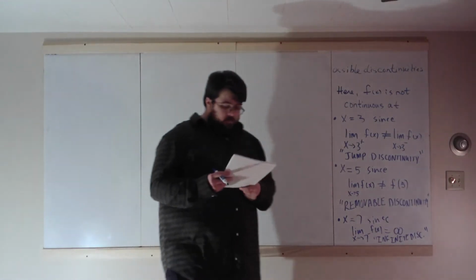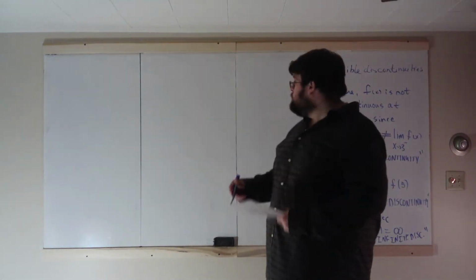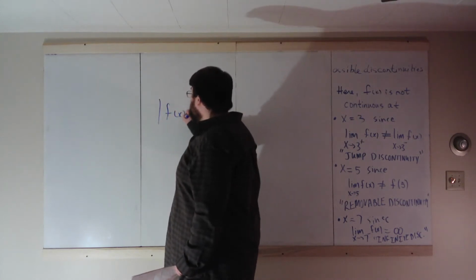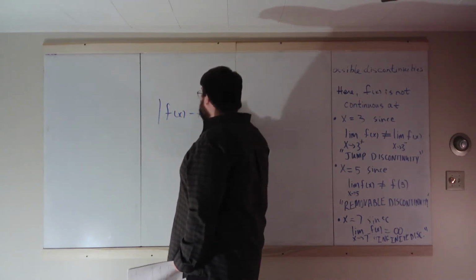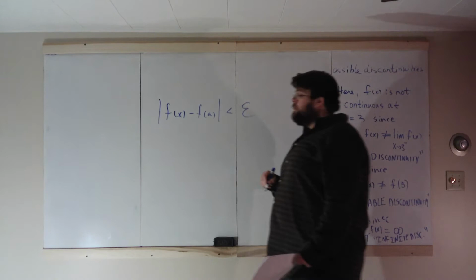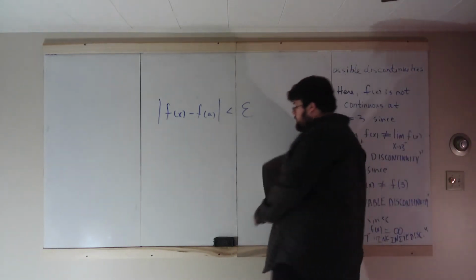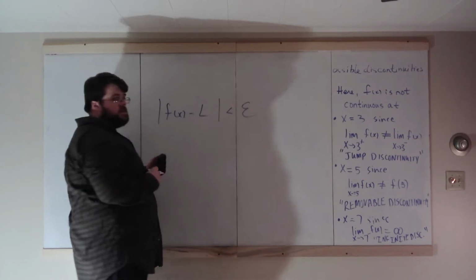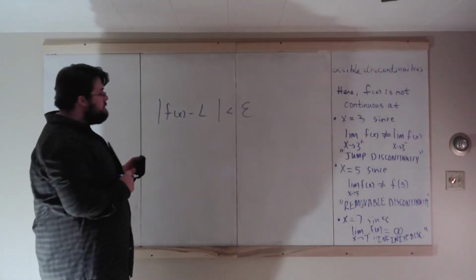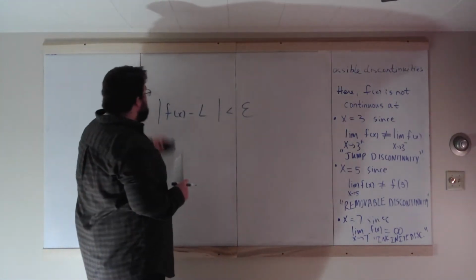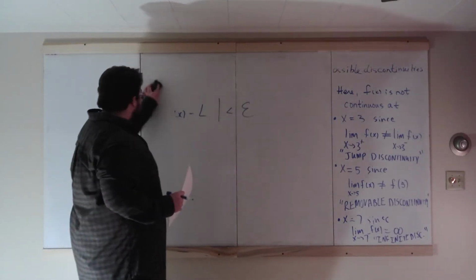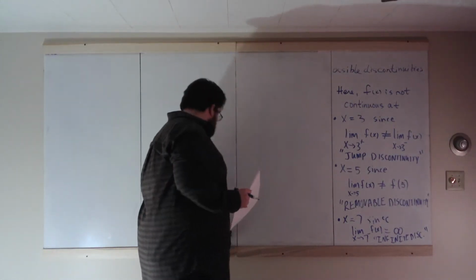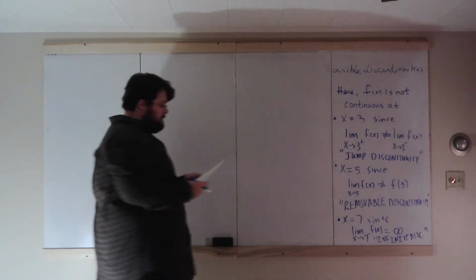You can look up the actual definition of continuous. If you look it up and you see something that looks like this for continuous, that is the correct definition. And if you see something that looks like this, if you look up the real definition of limit, section 2.5 of our textbook, that is the true definition. But we're not covering either of them this semester, unless you want.